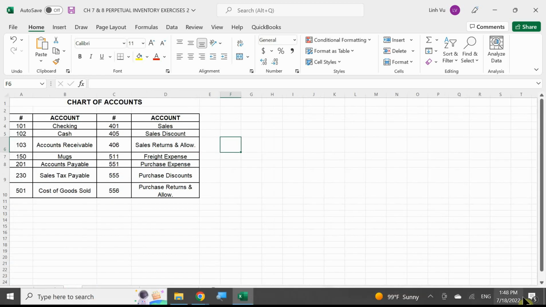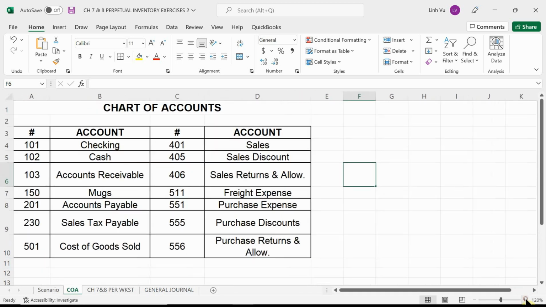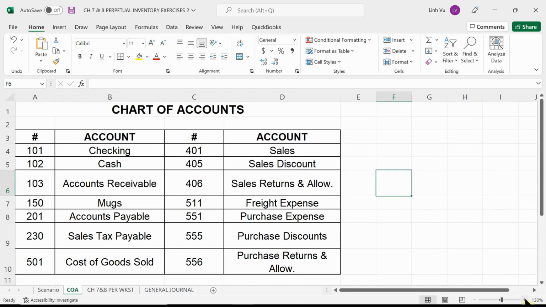Let's take a look at my chart of accounts, because that's the rule of your 7 steps of transaction analysis. We determine a transaction has happened, then look at the company's chart of accounts and see what accounts we will need. Because I'm journalizing a purchase of inventory, what accounts am I going to be using?